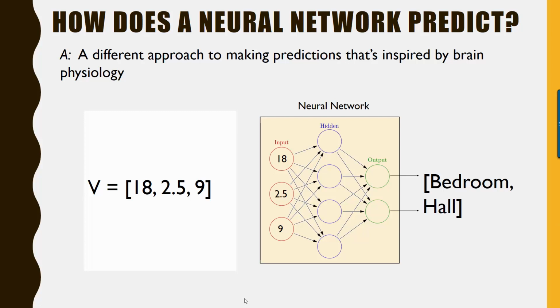Right now, I'm just going to tell you in a very high level, and we'll go into the details in a minute. But generally speaking, a neural network was inspired by brain physiology. So in the brain, you have neurons that are connected together, and the neurons send electrical signals from one to another, and somehow at the end of that process, you get something intelligent happening, we hope. So similarly, the way an artificial neural network is organized is you have a bunch of units, and each unit represents an artificial neuron.